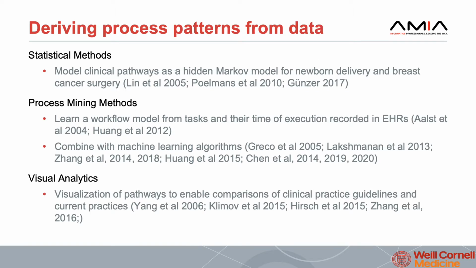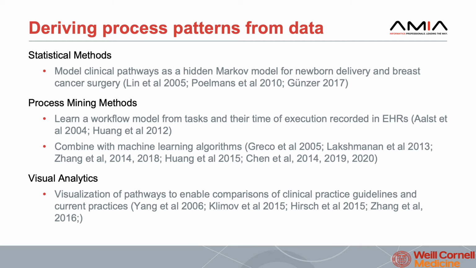So this line of work has been active in at least the last 20 years, if not more, with previous work, including my own. These works use statistical modeling, machine learning, process mining, and visual analytics methods to identify patterns from data. Oftentimes, we have started with finding computational subtypes within a population so that we can find subtype-specific patterns to investigate.